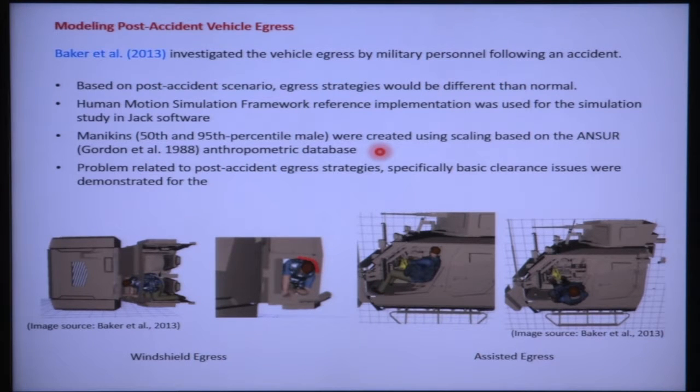So, in this particular case, they used JACK software, and for developing the digital human, they referred to this anthropometric database. Problems related to post accident egress strategy, specifically basic clearance issues, are demonstrated for the vehicle.